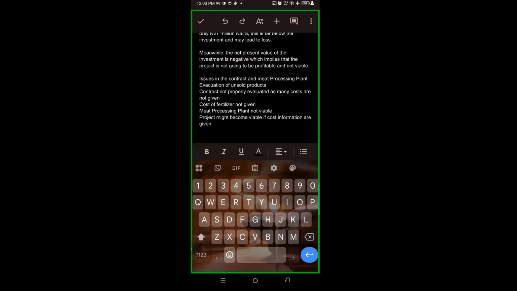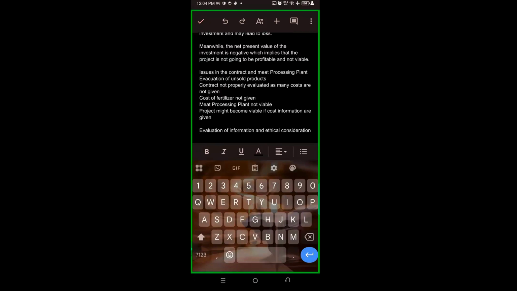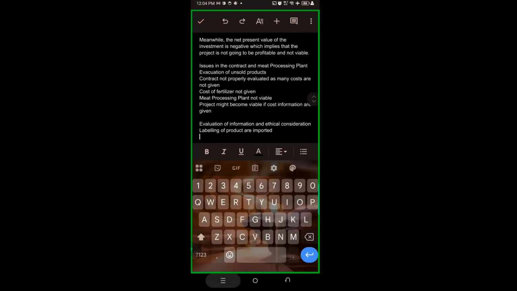So the heading here will be evaluation of information and ethical consideration. Okay. So labeling of products as imported. That's one.